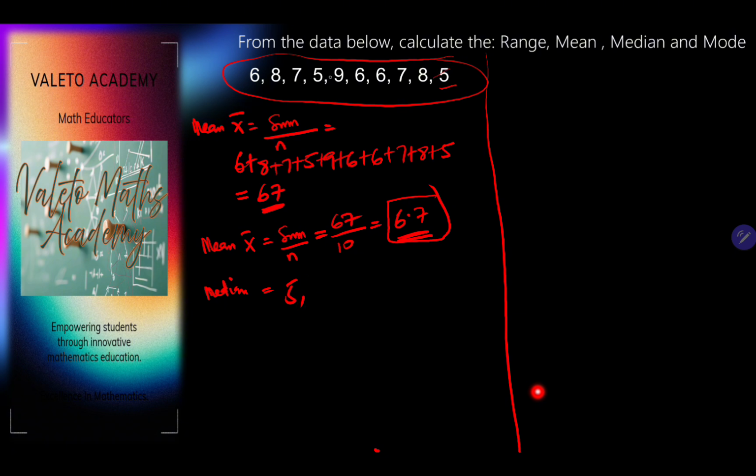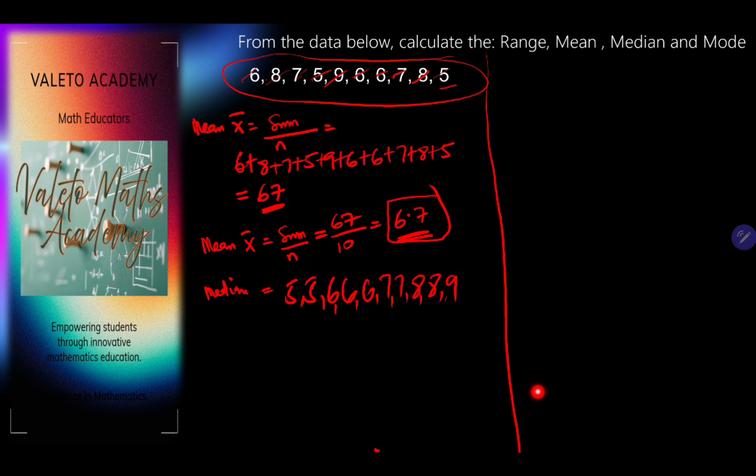There's another 5 here. 5, 5, 6, 6, 6, 7, 7, then we have 8, 8, and then we have 9. So let's see, 1, 2, 3, 4, 5, 6, 7, 8, 9, 10. Okay, so now we've rearranged our data set.